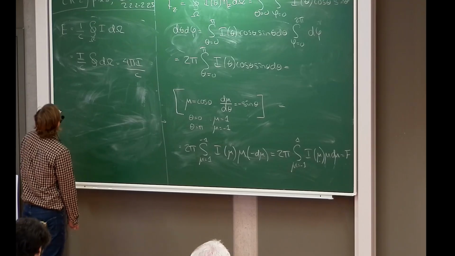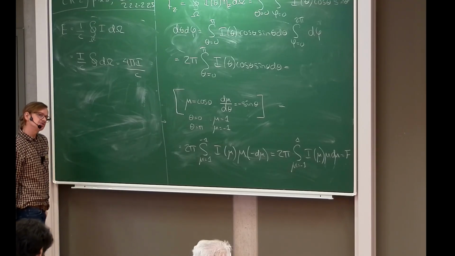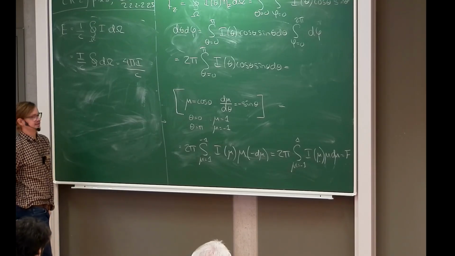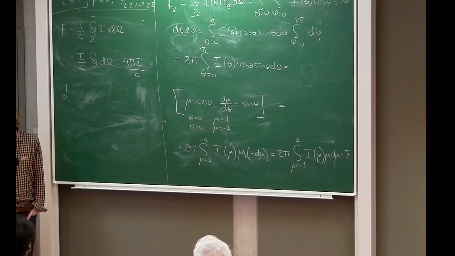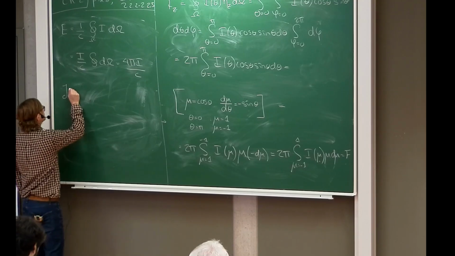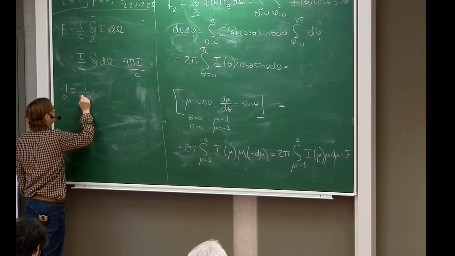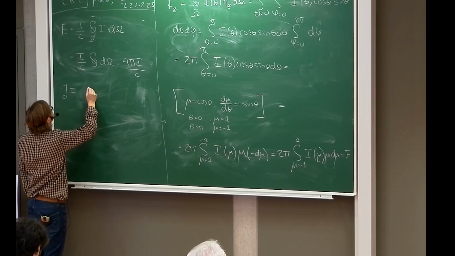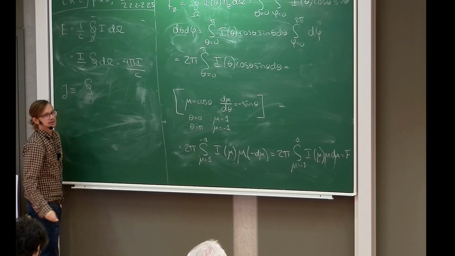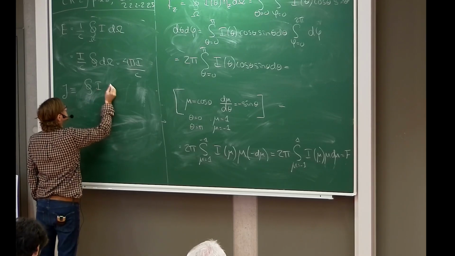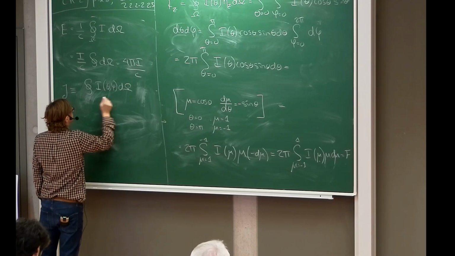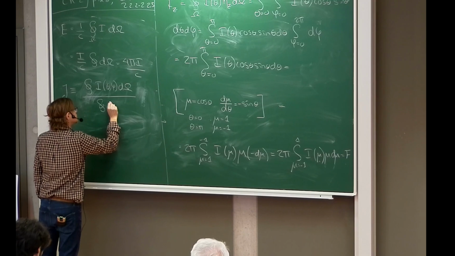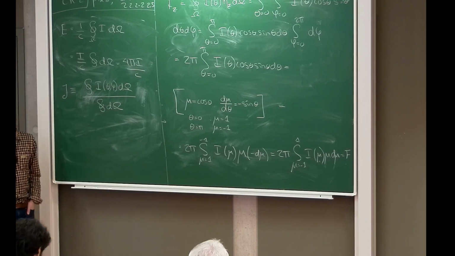Now, if you look at the definition of the mean intensity, often denoted by J, it is defined as 1 over 4 pi times the integral of I, which in principle can be a function of theta and phi, d omega. We average this over all omega. So this is an average, a mean.